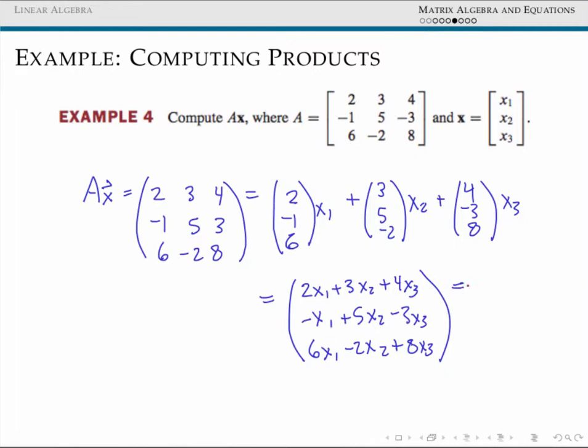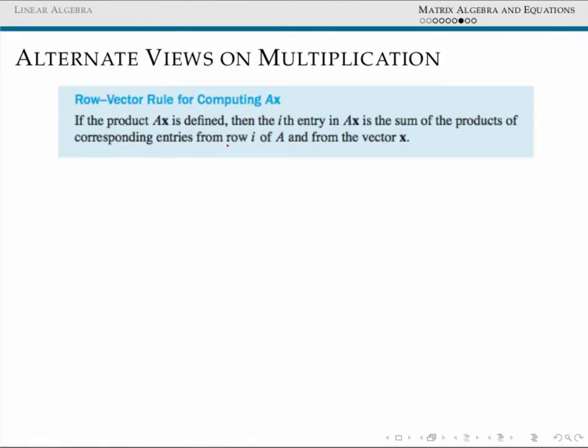So if we translate this into some sort of matrix equation where there's a b1, b2, and b3, this is just a pretty familiar linear system that we've already seen lots of examples of.